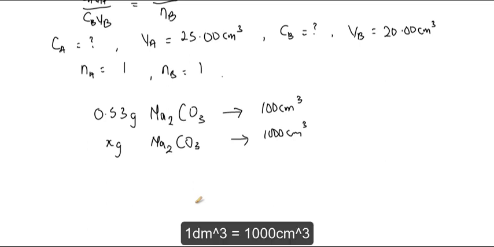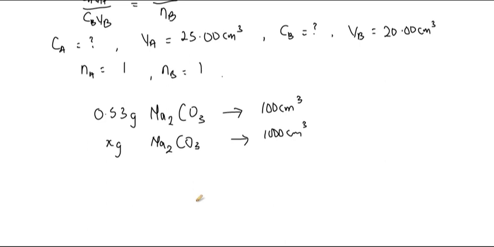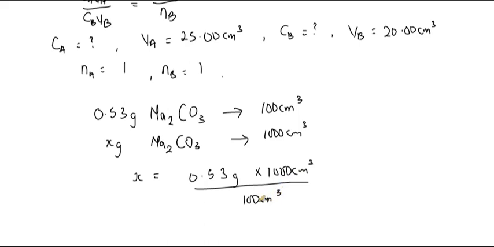And mind you, 1000 cm³ is equivalent to 1 dm³. So X equals 0.53 grams times 1000 cm³ divided by 100 cm³.